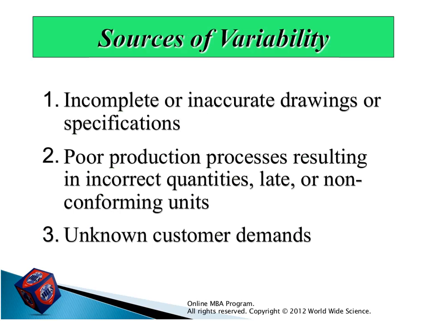Sources of variability. Incomplete or inaccurate drawings or specifications. Poor production process resulting in incorrect quantities, late or non-conforming units, and unknown customer demands.